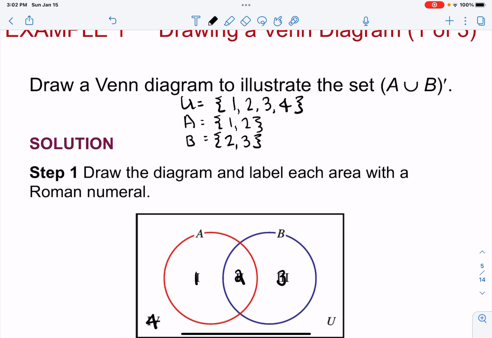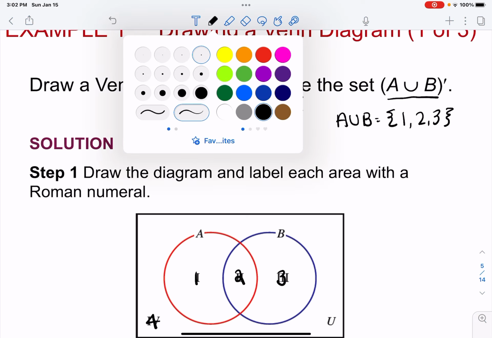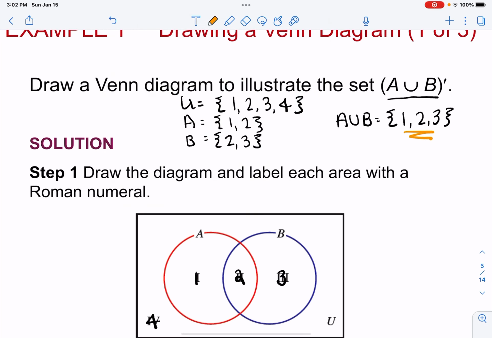So the first thing I'm going to do is the union of A and B. The union of A and B means I have to put A and B together, so that would be set 1, 2, and 3. And then if I want to do the not of that union, I say, well, what's not in that set?